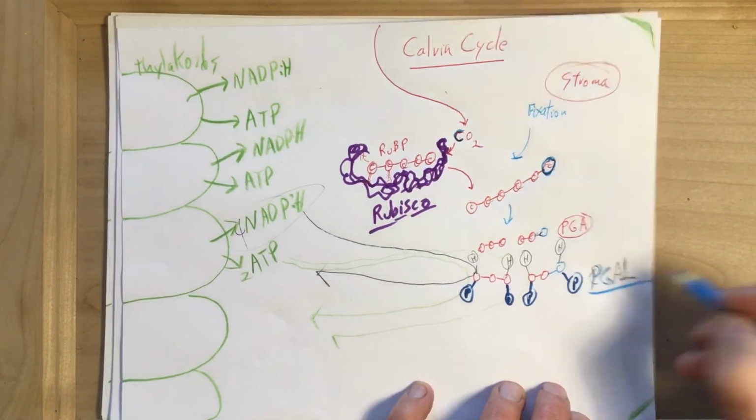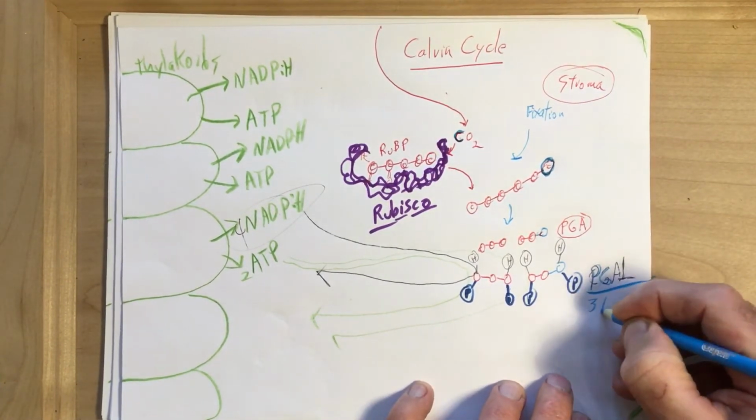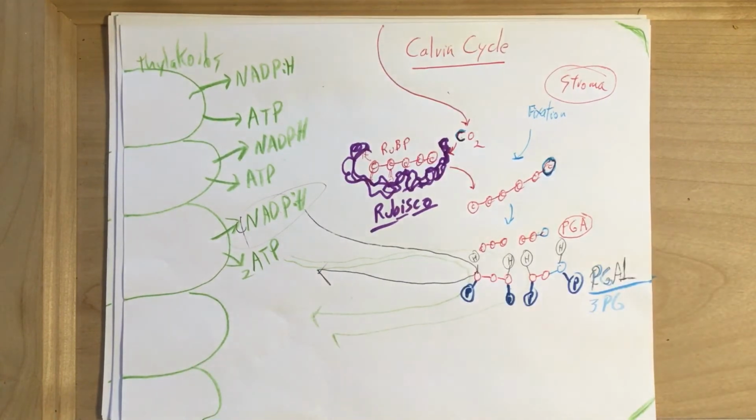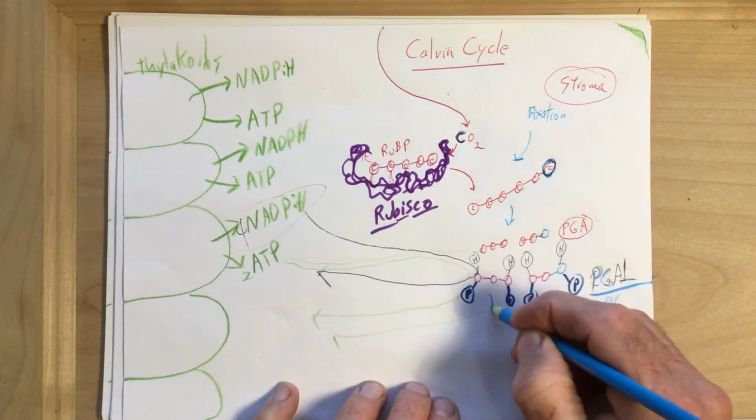So PGAL in your book is going to be called 3PG, 3-phosphoglyceric acid. And this molecule is a super important intermediate molecule because it can go and do a lot of other chemistry.